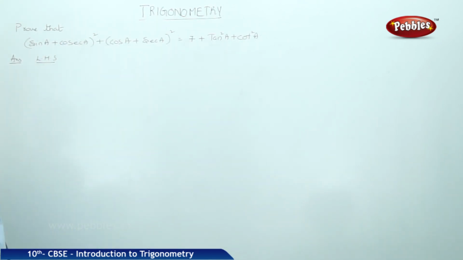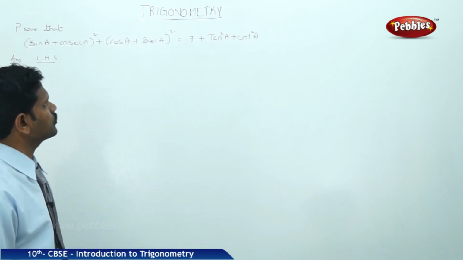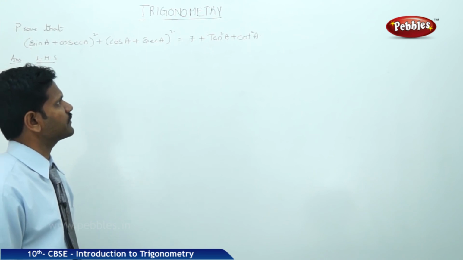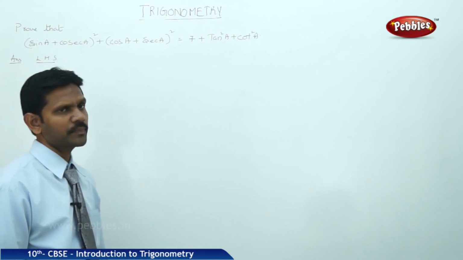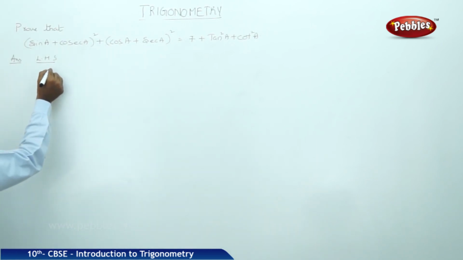Prove that (sin A plus cosec A) whole square plus (cos A plus secant A) whole square is equal to 7 plus tan square A plus cot square A. Let us consider the LHS.